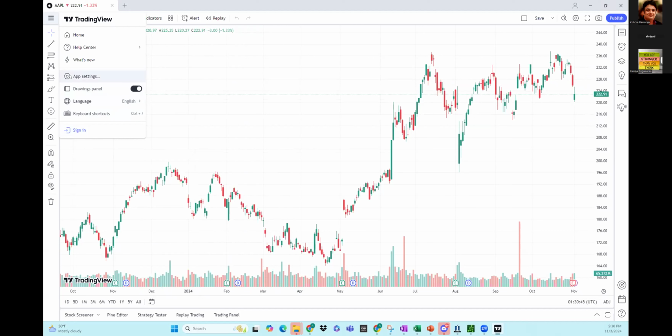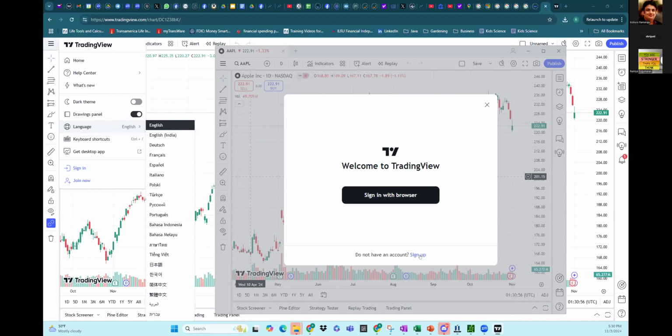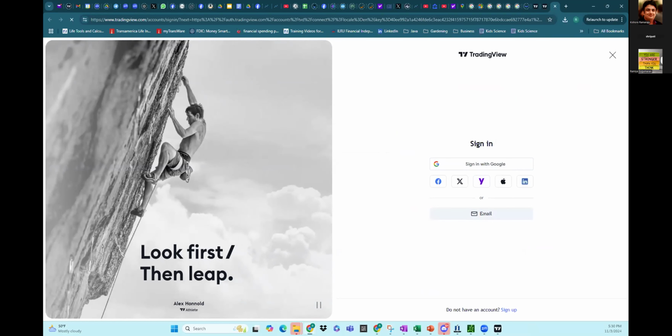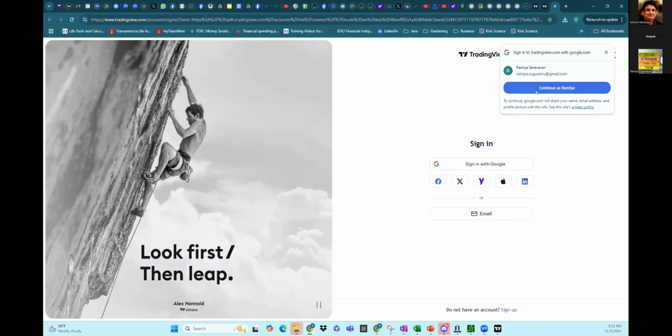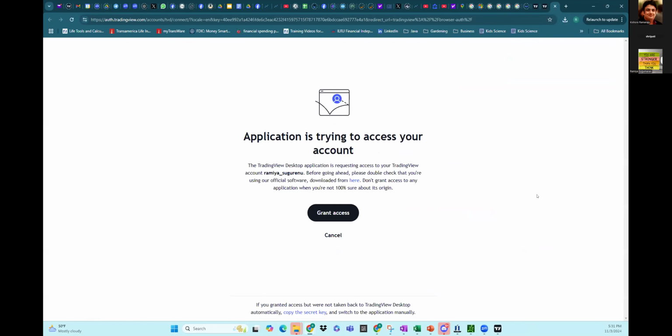Then go and click on the indicators. No, I think you did not sign in. You have to click on the sign in, come to the bottom. Yes, sir, you're right. Sign in with browser. Then grant access.